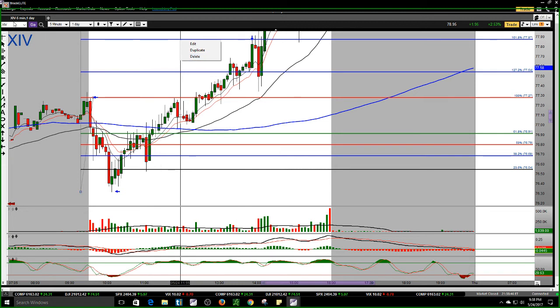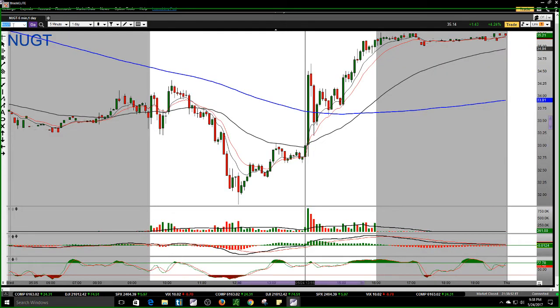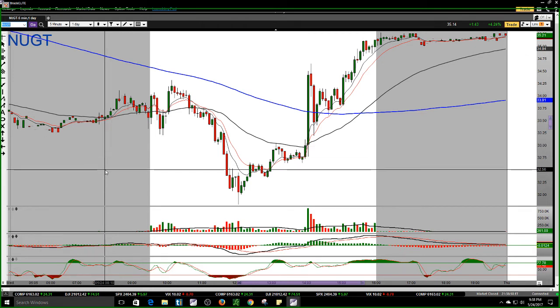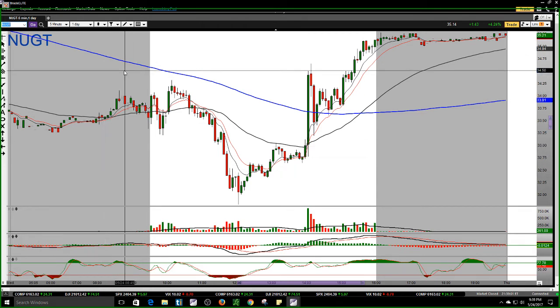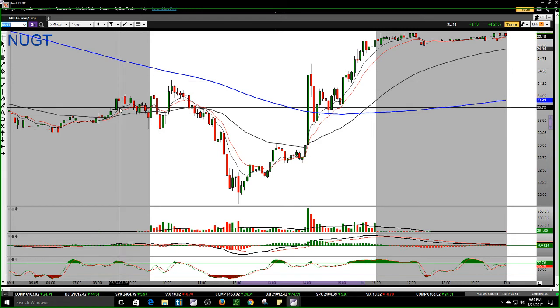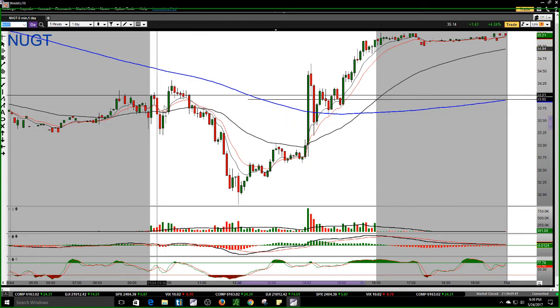So let's do another chart. Okay, let's do Nugget. I tend to have a few go-to names, so you can clearly see that I'll be doing a lot of go-to names. Okay, here's a good one. All right, the chart. Forget this little move here.